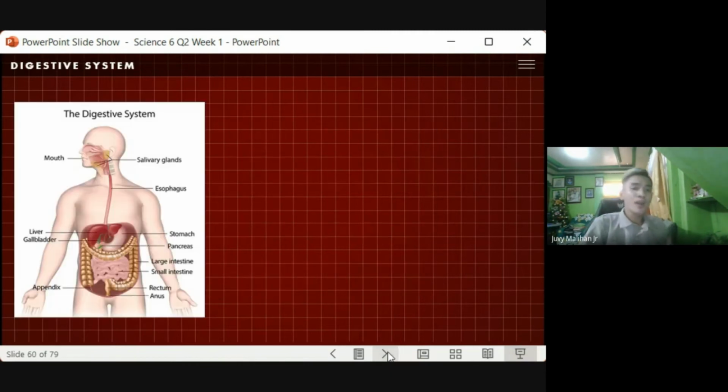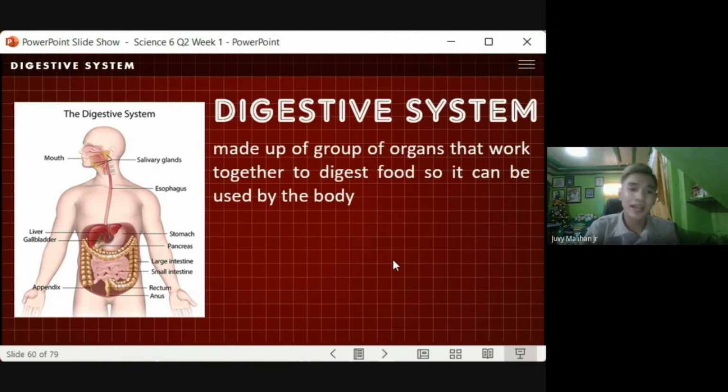Now, what is a digestive system? When we say digestive system, class, it is made up of a group of organs that work together to digest food so it can be used by the body. All of our organs, class, will work together to get all the nutrients from the food we eat.